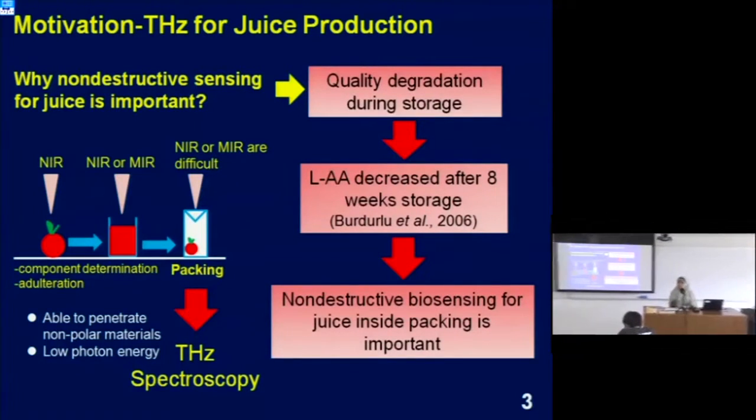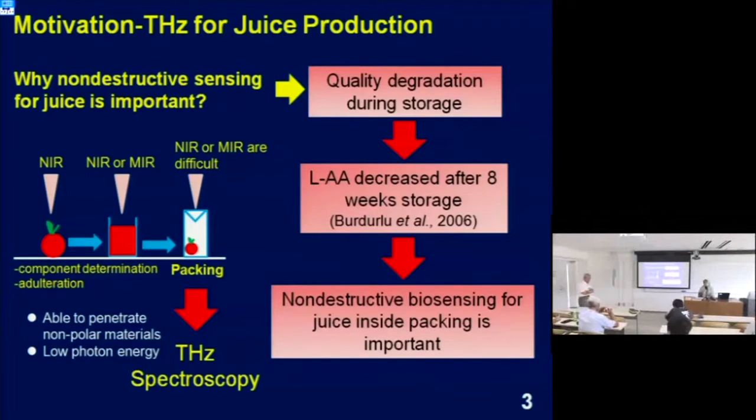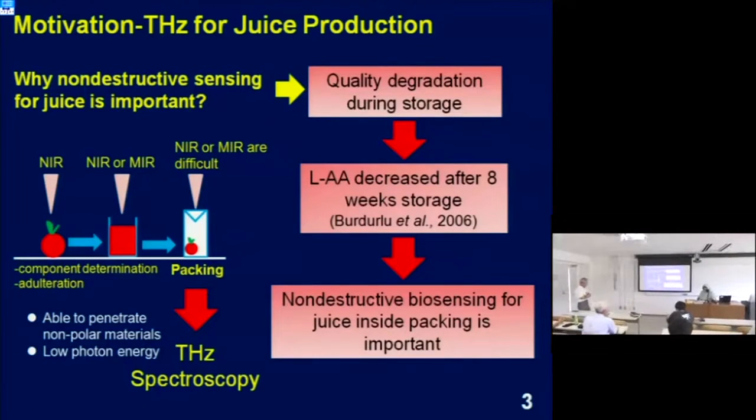Maybe what Suzuki-san was suggesting could be emphasized by, rather than having packing here, have supply chain. Once the carton leaves the factory and enters the supply chain, it is subject to much more environmental fluctuation and much more potential for damage or degradation.